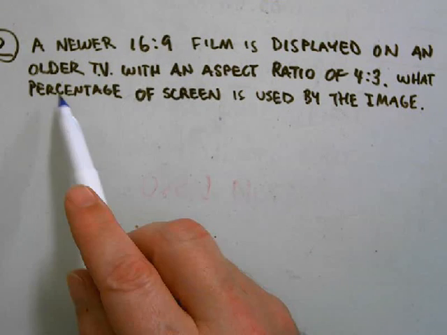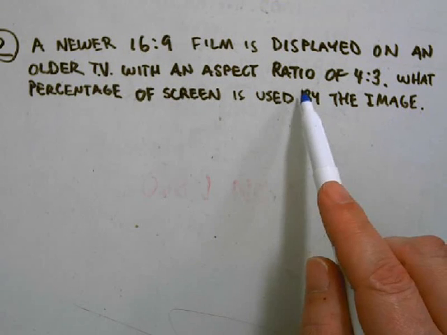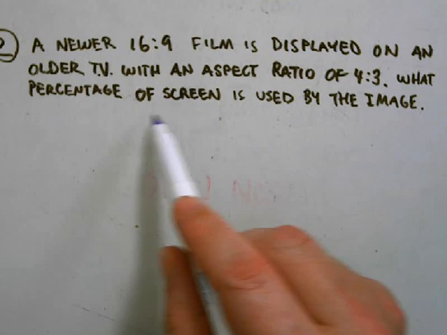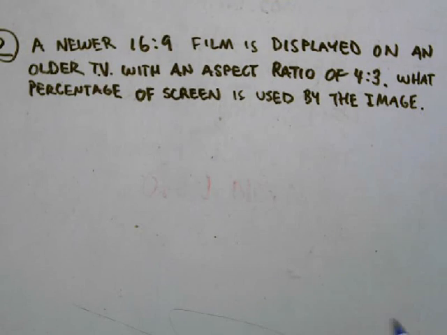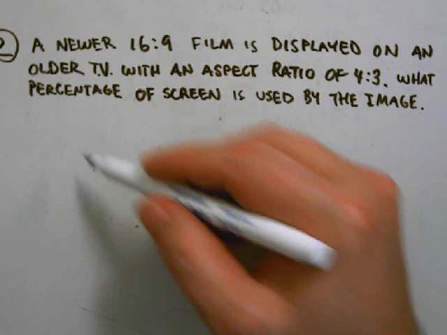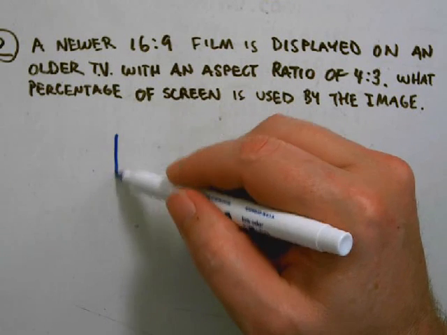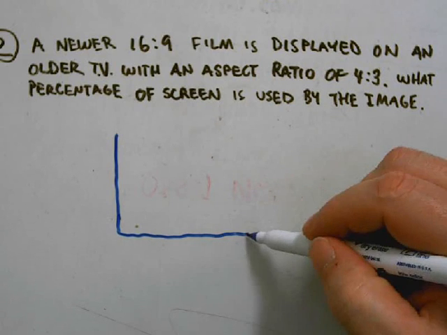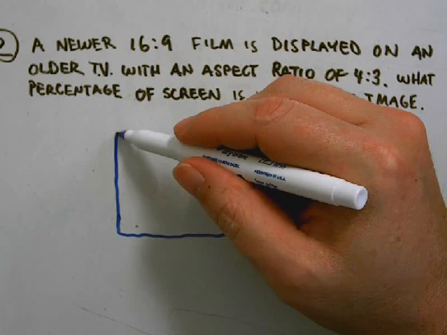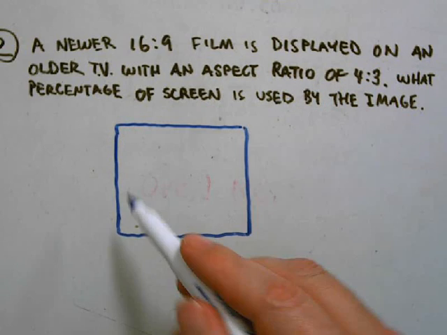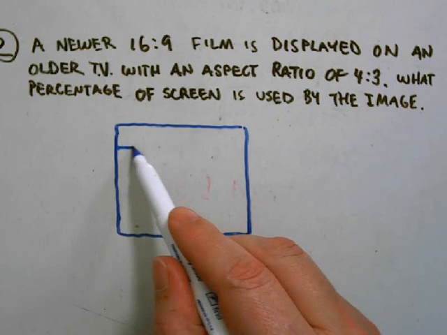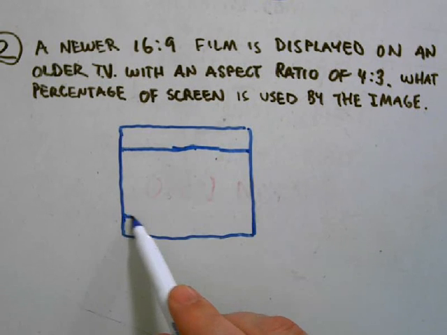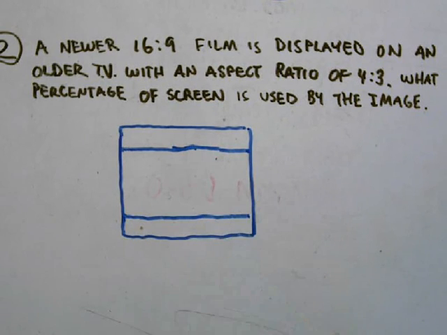What percentage of the screen is being used by the image? Okay, well, let's draw this picture out. What are we dealing with here? Whenever you've got a taller 4 by 3 screen, these are like the older screens and monitors, and the new wide version 16 by 9 DVDs and stuff end up showing a letterbox on top because they're more rectangular, they're wider.